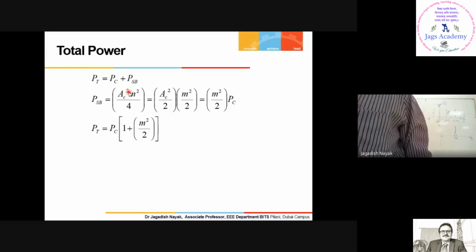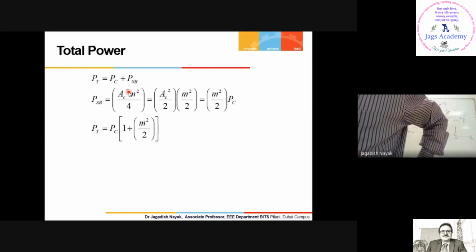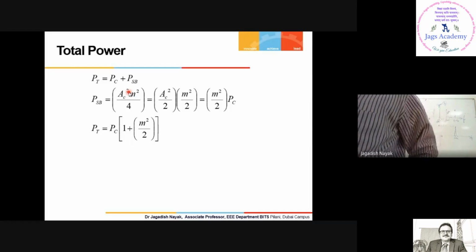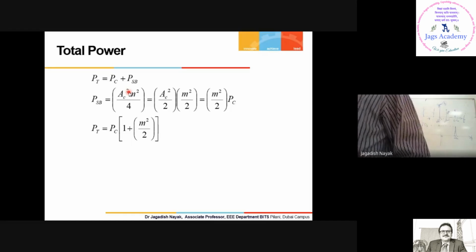Okay, so what is the equation? See now, total power is equal to carrier power plus sideband power. All of you know it, right? I'm just taking conventional AM wave now. When I write all the equations, I will take conventional AM wave. Now, the sideband power is equal to Ac squared m squared by 4, yes or no?